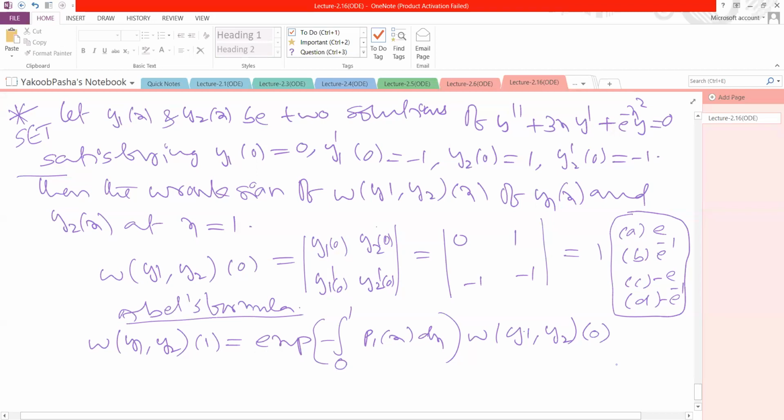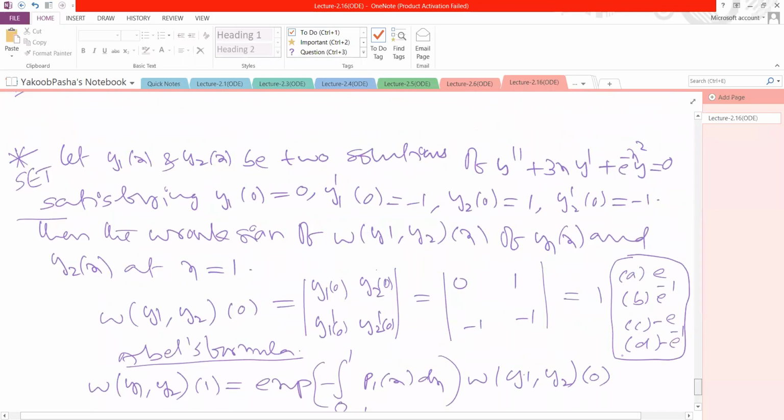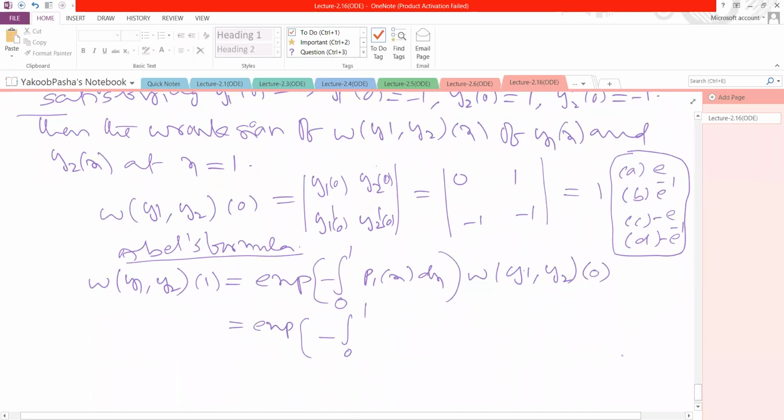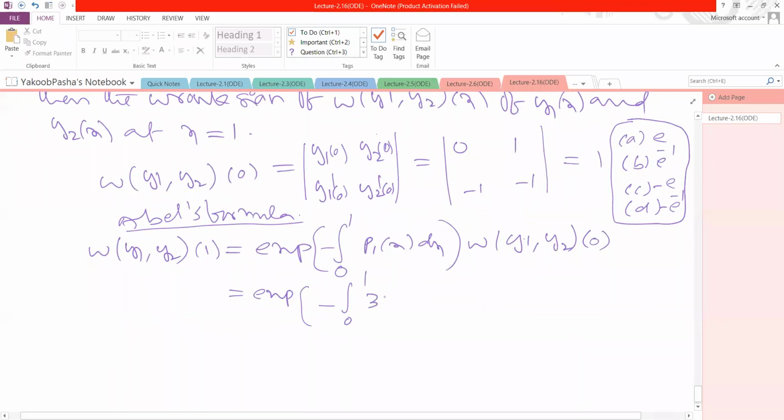So this is equal to exponential of minus integral 0 to 1 of p1 of x dx. p1 is the coefficient of first derivative, y dash coefficient. That is 3x, sir? No, I'm sorry, it is 3x². So this is 3x² dx, and the Wronskian of y1, y2 of 0 is 1, which we found.